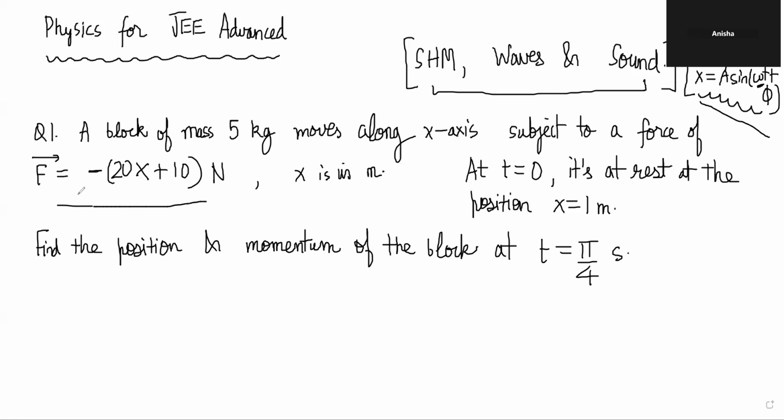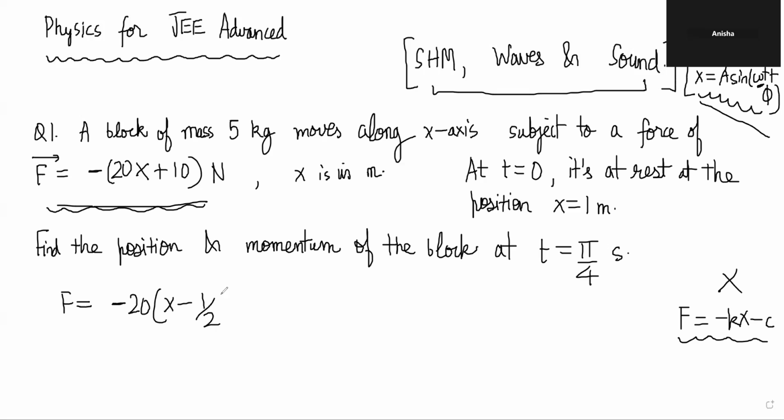So here the force equation is given, but we don't have it like F is equal to minus kx. We have something like minus kx minus c, right? But that is not a problem. We'll take 20 common. So we'll say minus 20 times x minus half. Wait, one second, it is x plus half.